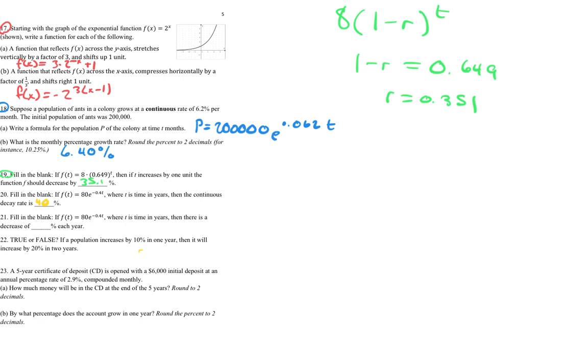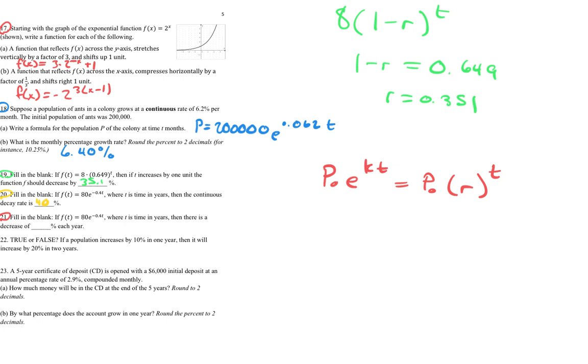So fill in the blank for 21. We have, if f of t equals 80e to the negative 0.4t, where t is time in years, then there will be a decrease of so much per year. So here we have a similar thing to what we had on 18, part B, where we're given this form, that we have some initial amount, e to the kt, equals some initial amount, whatever our rate ends up being, to the t.